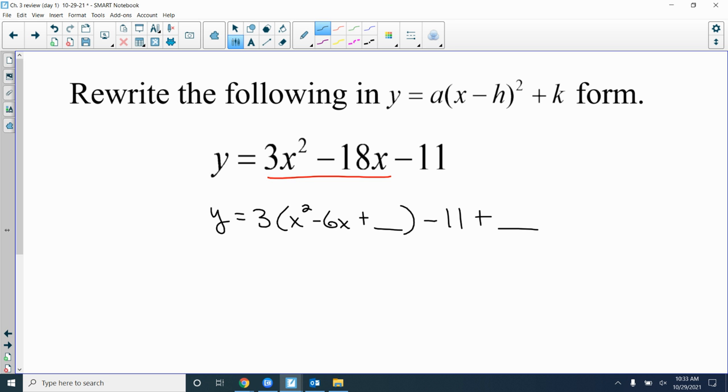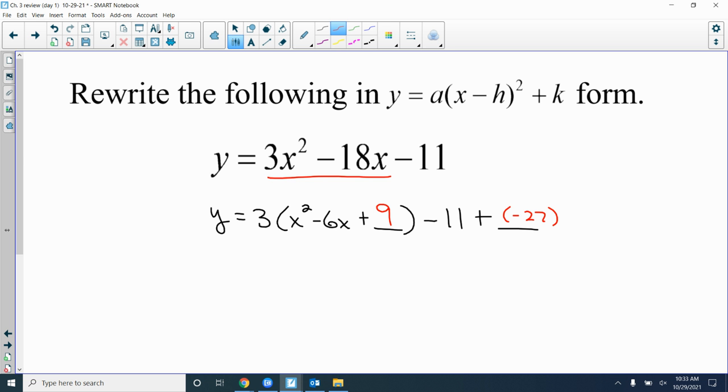Complete the square. Half of negative 6 is negative 3. Square gives me 9. All right, now you got to be careful here. This is where you got to watch. Since that 3 is affecting that 9, it's really 3 times 9, which is 27. What do we got to counter that with? Negative 27, because in this case, it has to add up to 0 because it's on the same side of the equal sign.